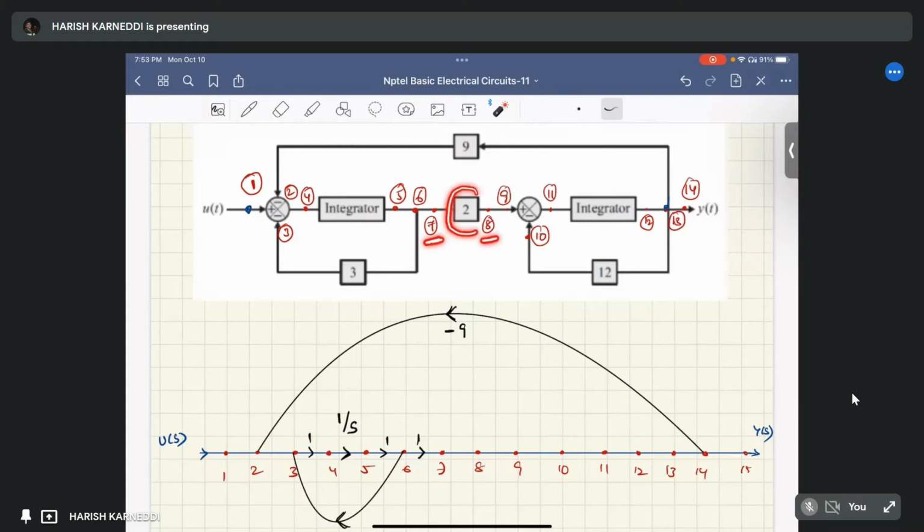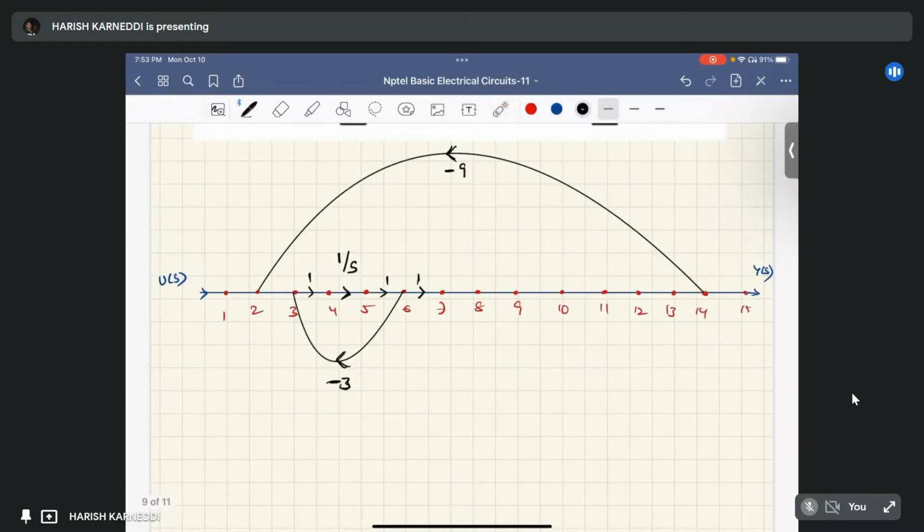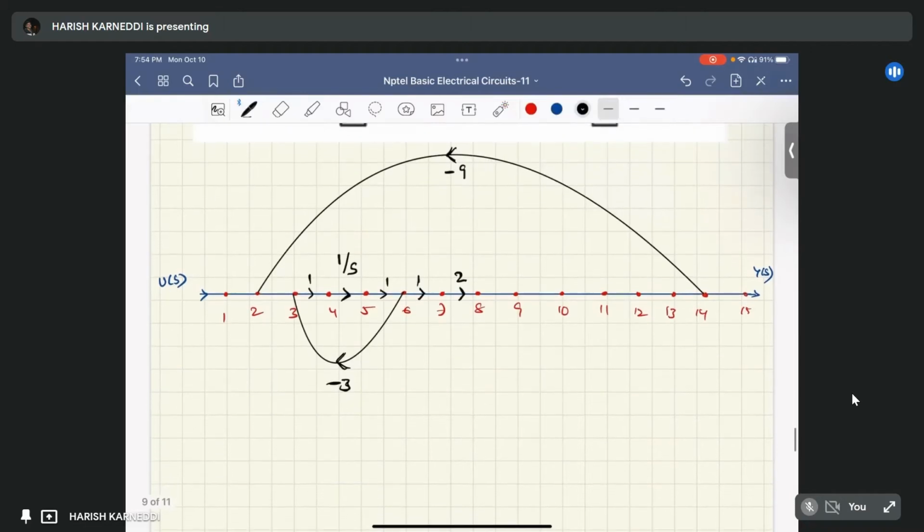In between, there is a gain of value 2. Then 8 and 9: 9 point is here and 8 point is here. In between, there is no gain block, so the value of gain is 1.